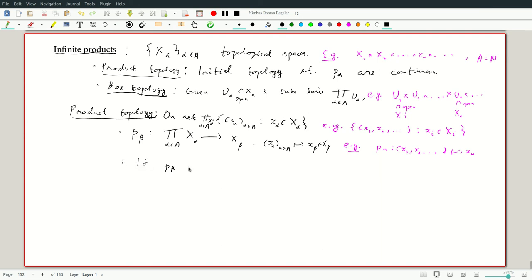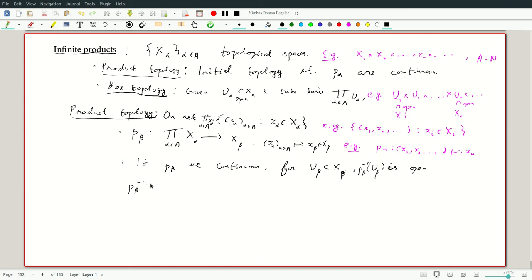If P beta are continuous, then for U beta contained in X beta, of course, P beta inverse of U beta is open. Okay, so what is this equal to?